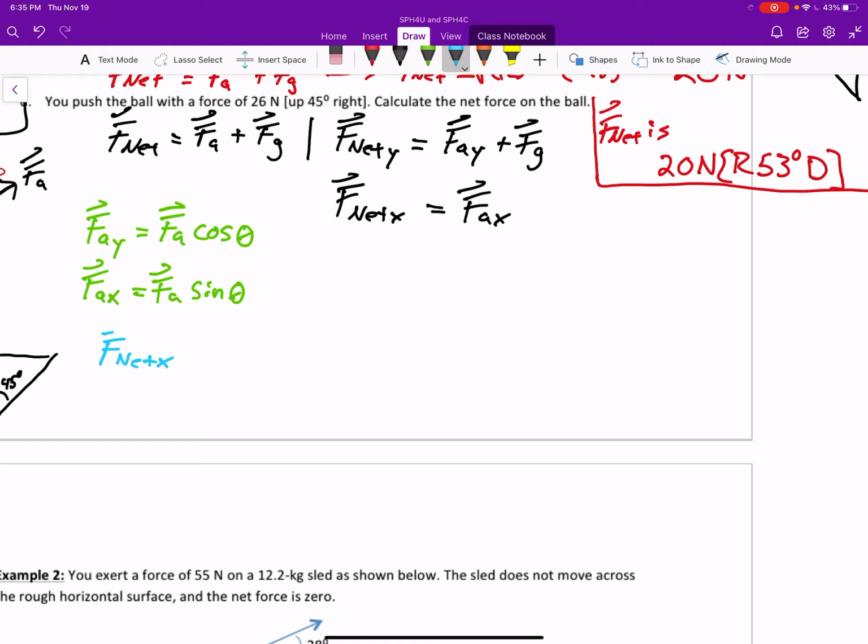F net x is just equal to F_Ax, right? Like we had above. But that F_Ax we can see is equal to F_A sine theta. F_A was 26, and then the sine of 45.